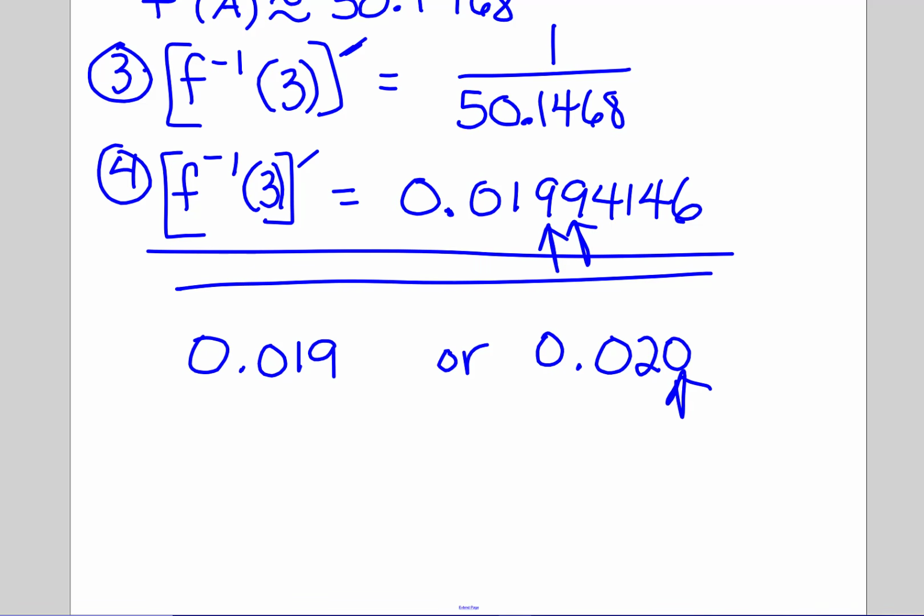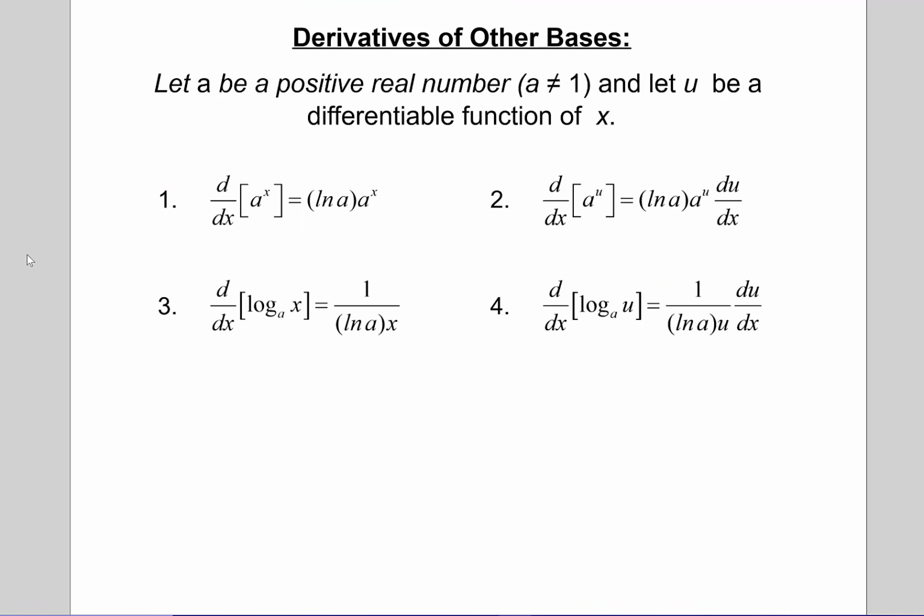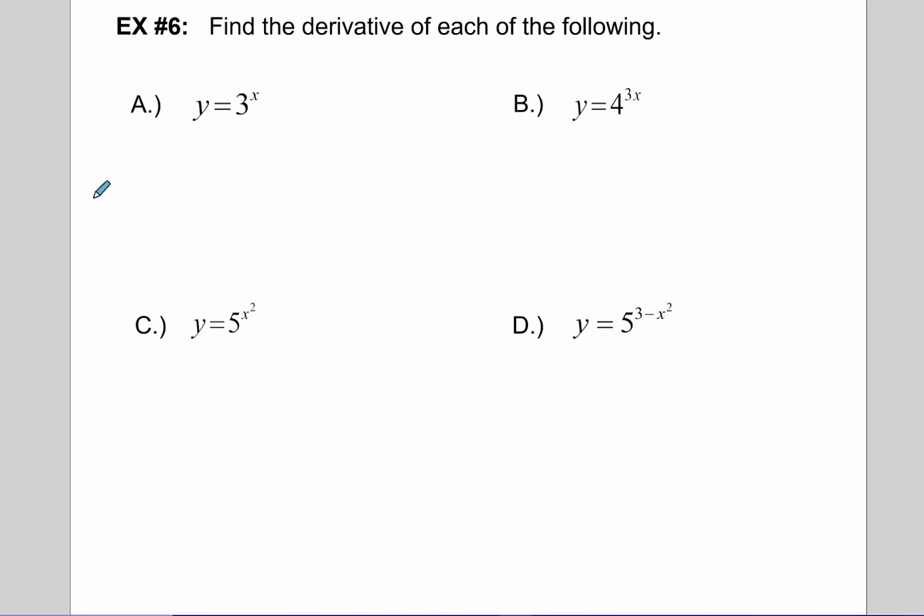Okay? Now you can also find derivatives of other bases like a to the x and log base a of x, or a to any power, where you've got to use the chain rule because you're taking the derivative of that other function there. So we'll look at a few of those.